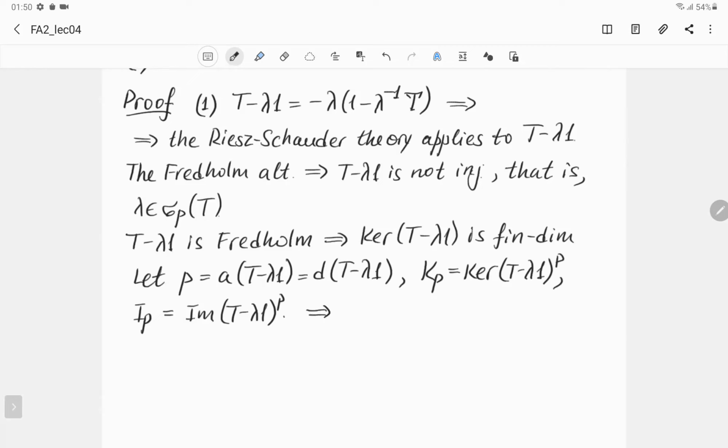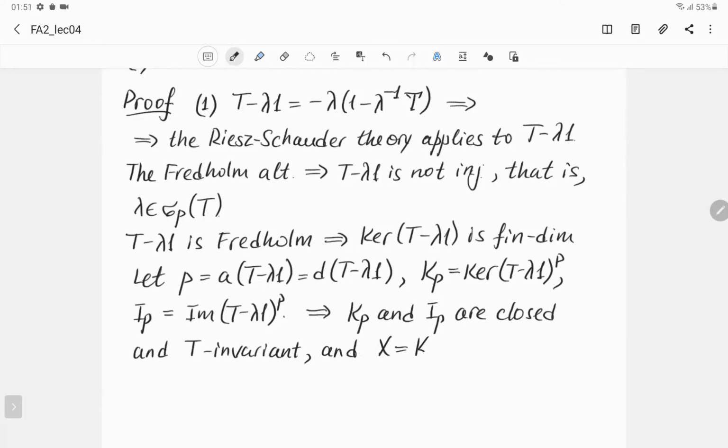So we know that Kp and Ip are closed, and formally they are invariant with respect to T minus lambda 1, but of course this means exactly that they are T invariant. And X is the direct sum of Kp and Ip.